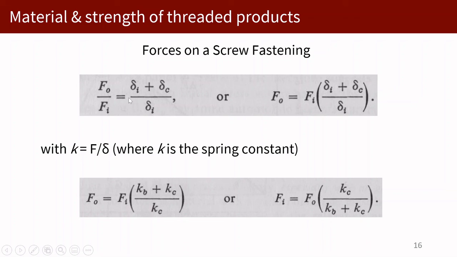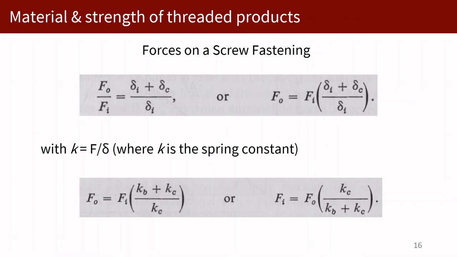So from here we can transform this to: the external load is equal to the initial load times the quantity delta I plus delta C over delta I.